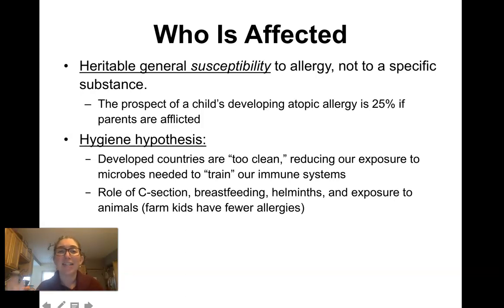So there's this idea, well known in the field of immunology, that helminths, worm infections, stimulate a whole different arm of the immune system than bacteria and viruses do, and that this imbalance in the different arms of the immune system is causing the immune system to not work properly and therefore give us these over-exaggerated responses, allergies.